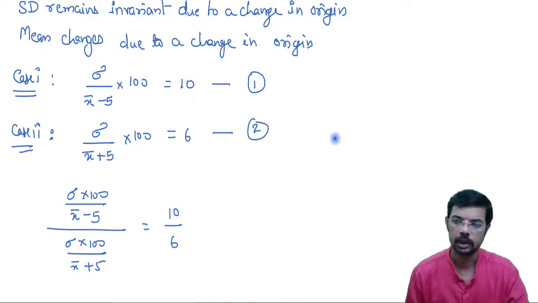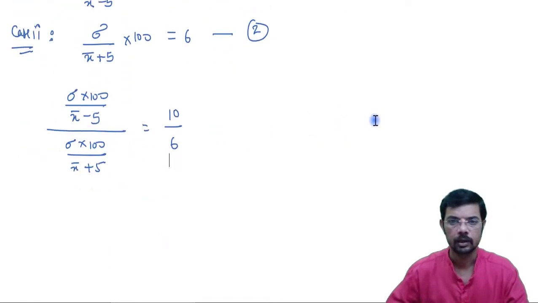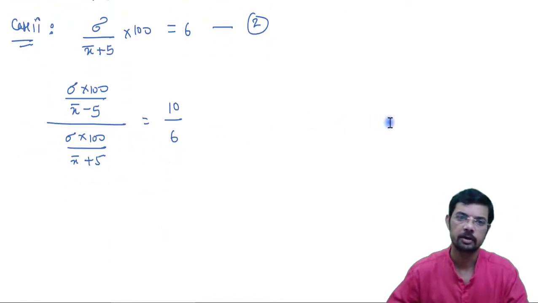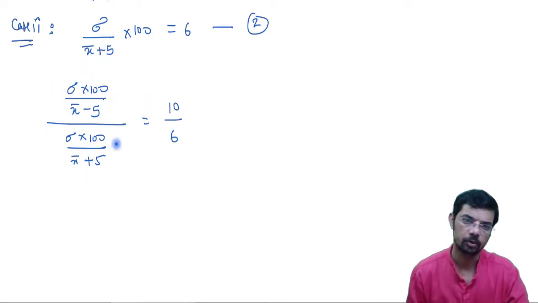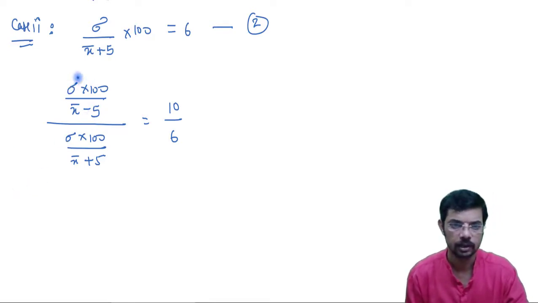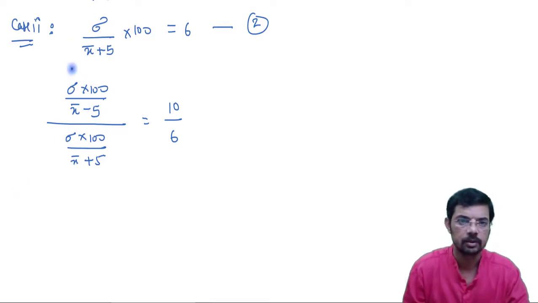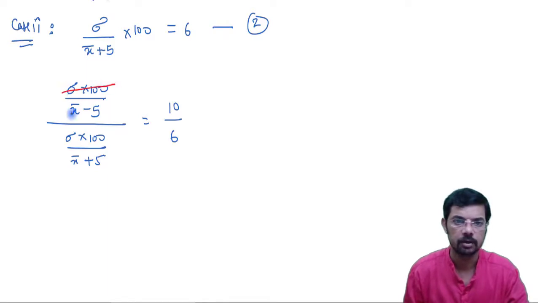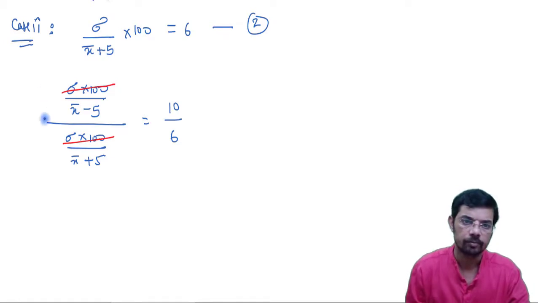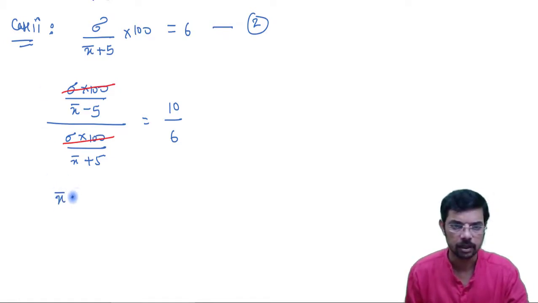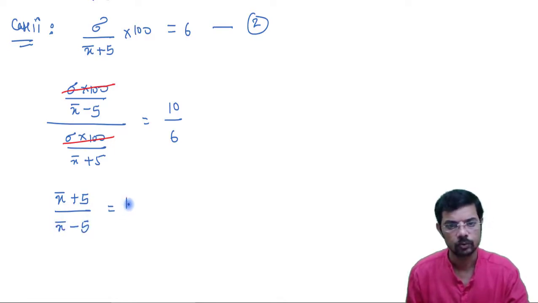The denominator of the denominator becomes the numerator, the reciprocal of this item. We can cancel sigma into 100. So finally we get x bar plus 5 divided by x bar minus 5 equal to 10 by 6.